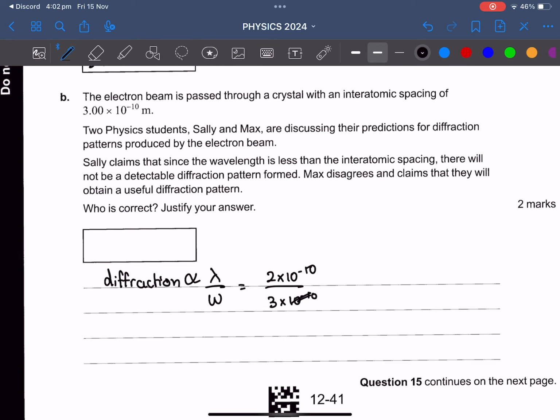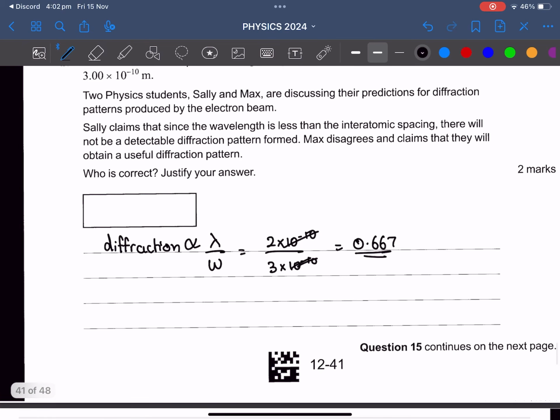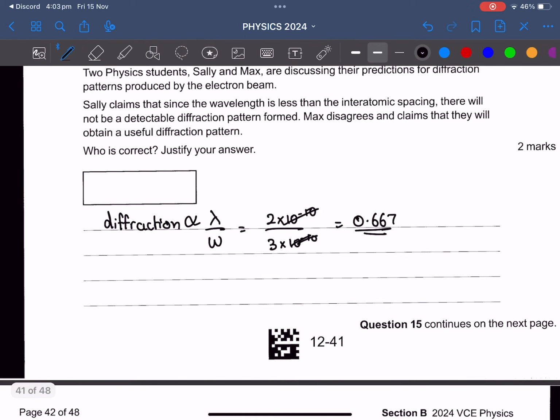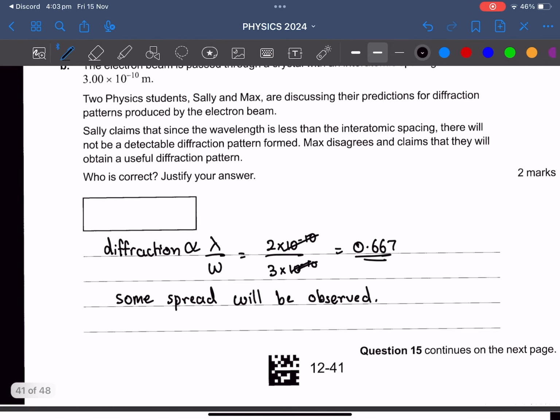That would cancel out, so 0.667 basically. So in this case, some spread will be observed, because the closer it is to 1, the better it is.